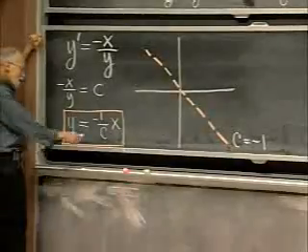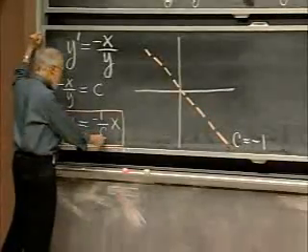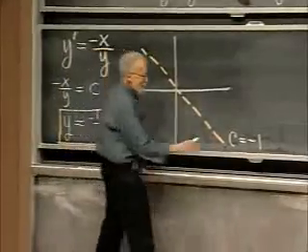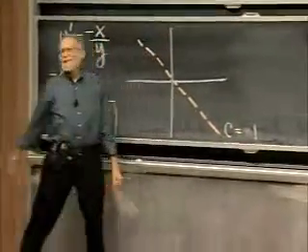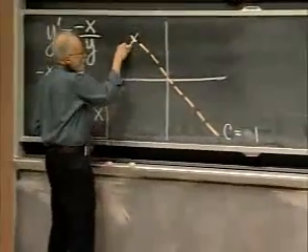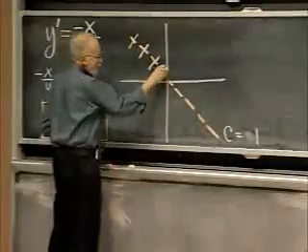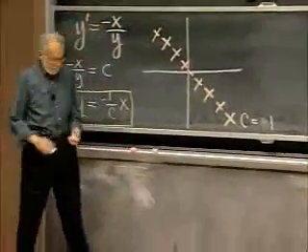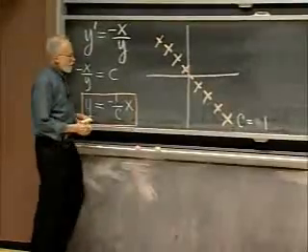I'm sorry? C is equal to 1, not negative 1. Right. Thanks. So c equals 1, so it should be little line segments of slope 1 that will be the line elements, things of slope 1. Okay, now how about c equals negative 1?